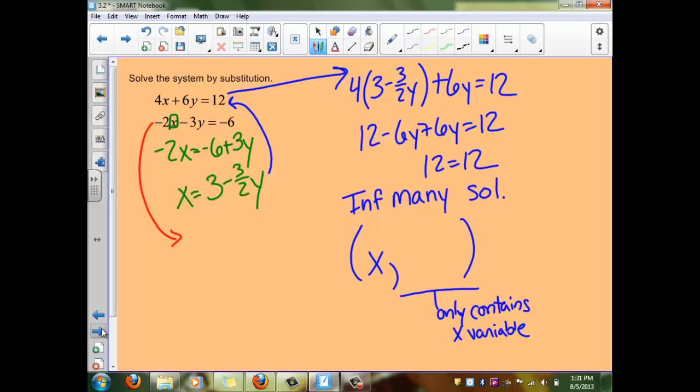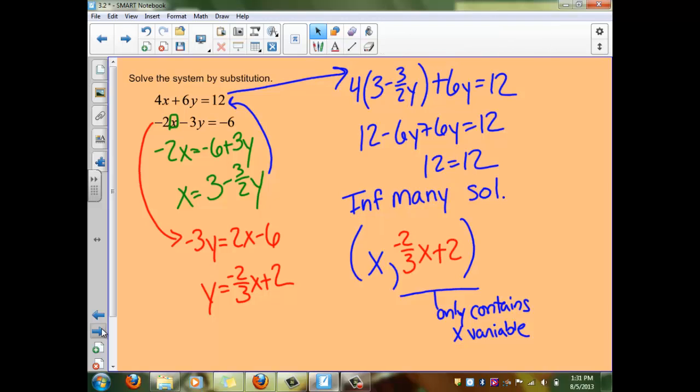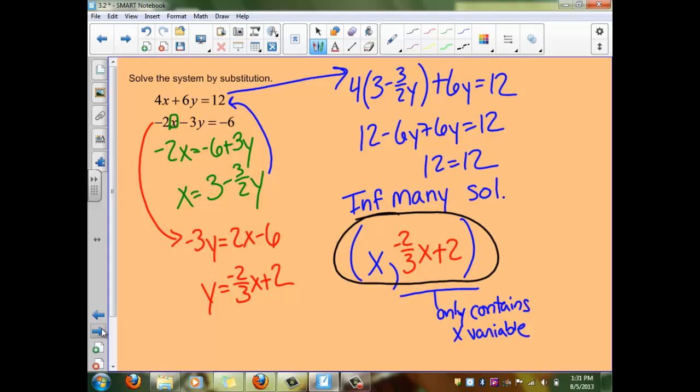If we solve for y this time, we'll have negative 3y equals 2x minus 6. Divide everything by 3, or by negative 3. So now we can use that expression. And this would give us the pattern for all of our solutions.